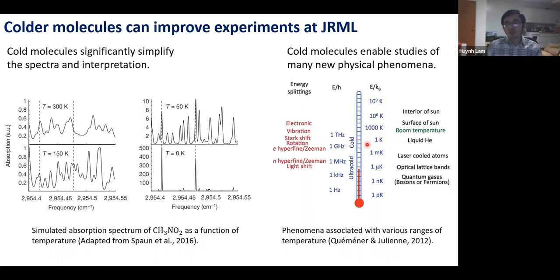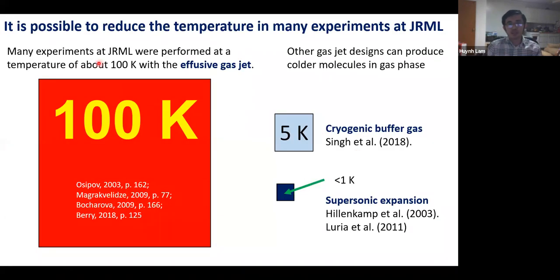And what is the current status of JRML on this scale? Many experiments at JRML were performed at a temperature of about 100 Kelvin, achieved by using a gas jet design called effusive gas jet. Is it possible to reduce the temperature in this experiment by using another design of the gas jet?